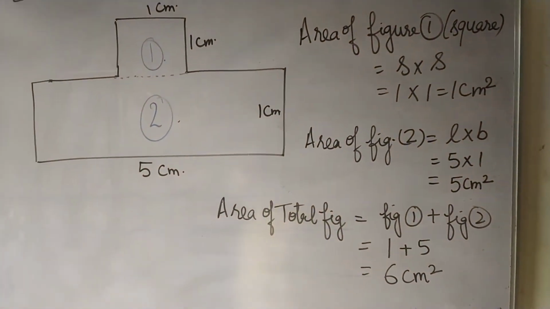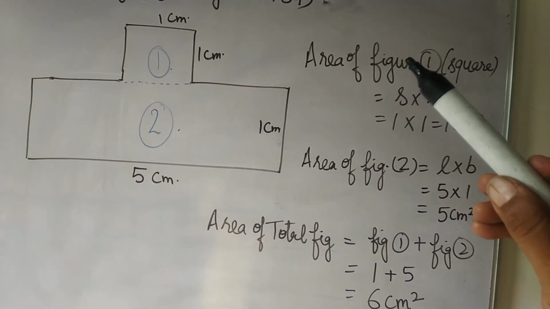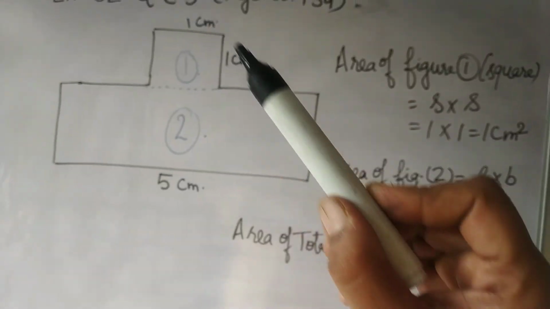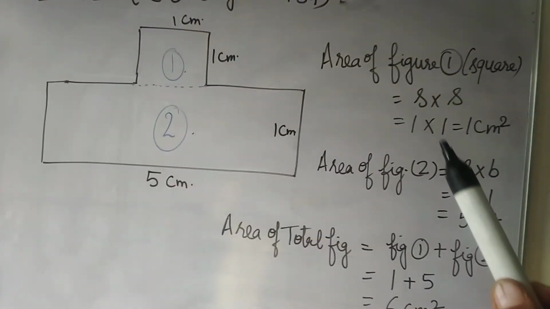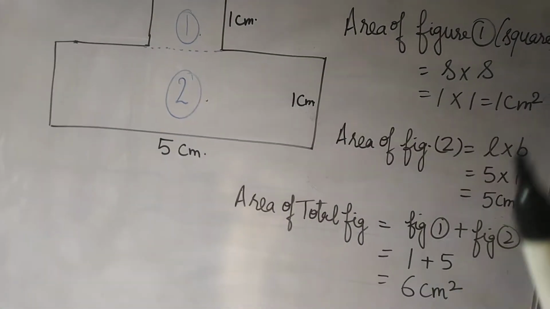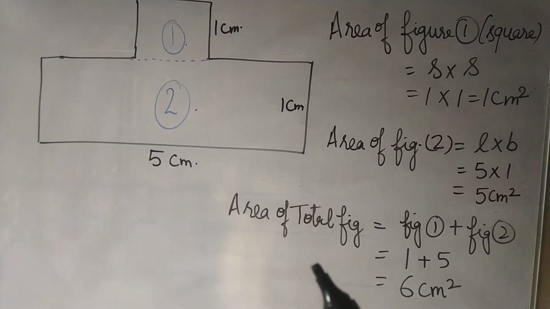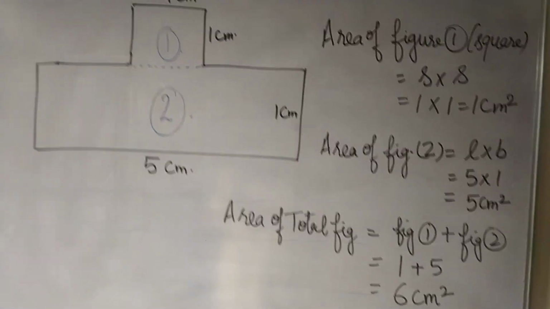Understood children? So here in this question we have found the area of first figure first because it's a square, so side multiply by side, that is 1 multiply by 1 will be 1 centimeter square. Area of second figure will be 5 multiply by 1, that is 5 centimeter square. So the total area of this figure will be 5 plus 1, that is 6 centimeter square.